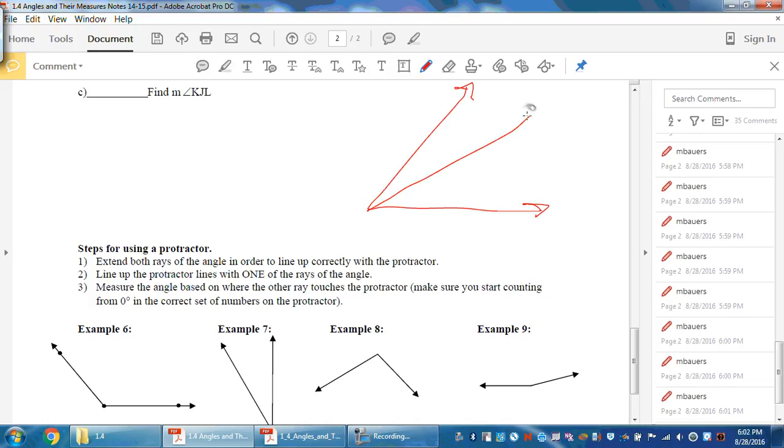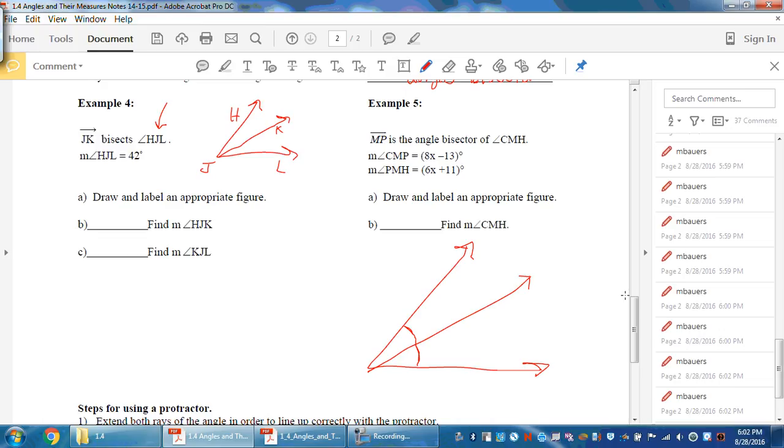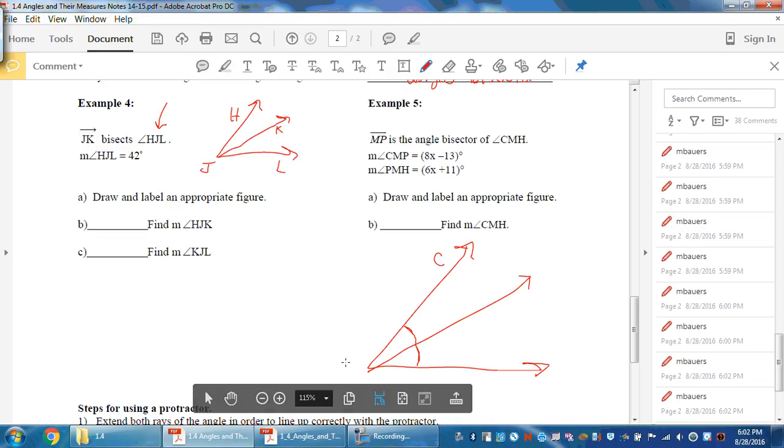Label these congruent. There we go. And then let's label everything. So CMH is the big one, CMH. And then MP is the bisector. So P is somewhere around here.